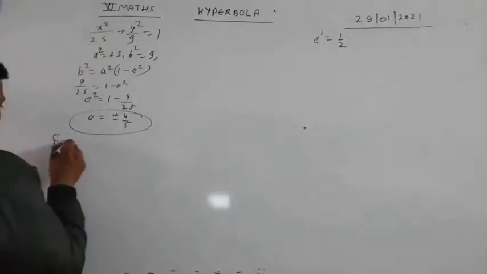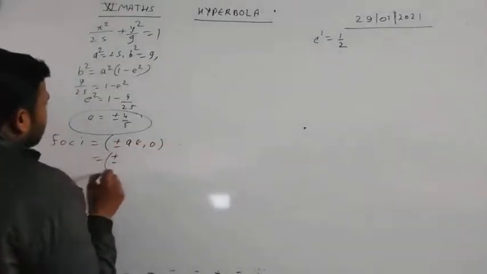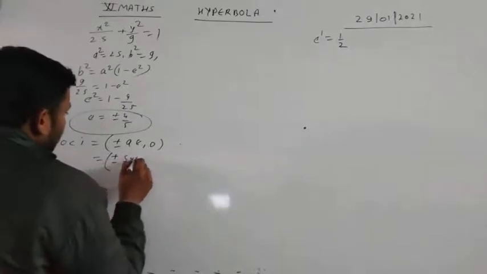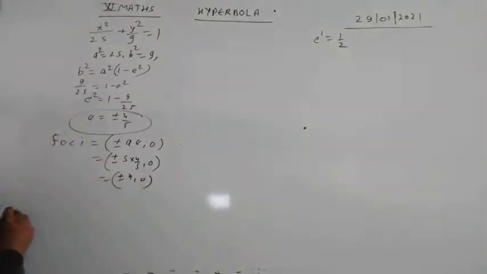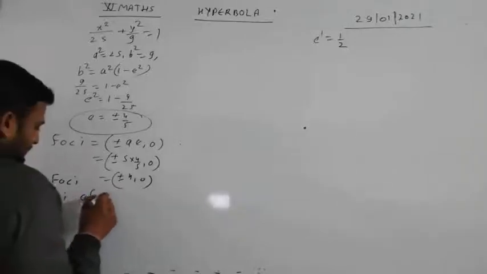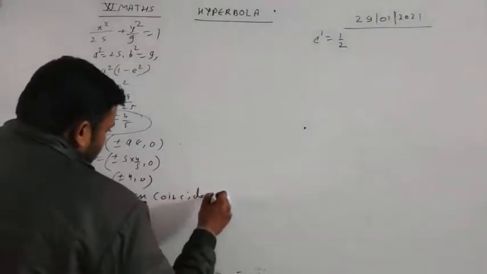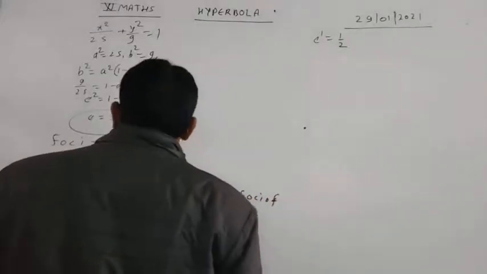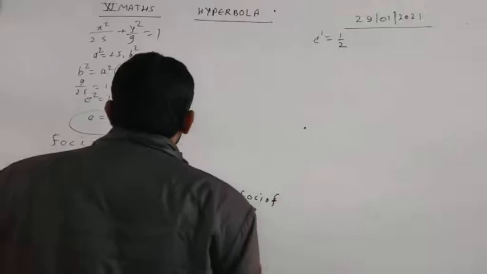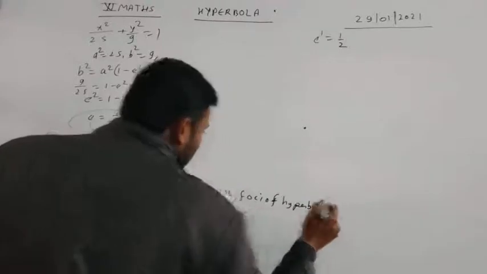So our foci are plus minus ae, comma 0. So this is plus minus 5 times 4 by 5, comma 0, so plus minus 4, comma 0. Okay, students, and the question says that the foci of the ellipse coincide with the foci of the hyperbola.